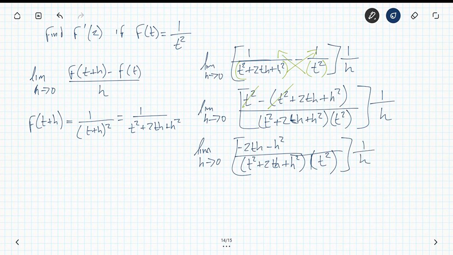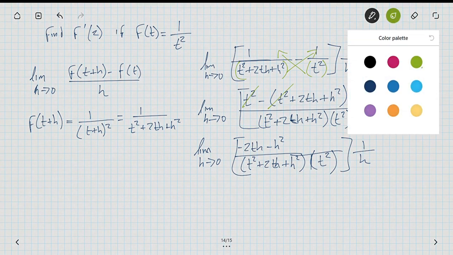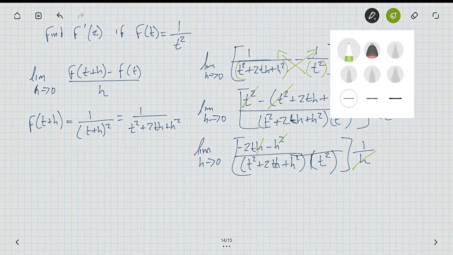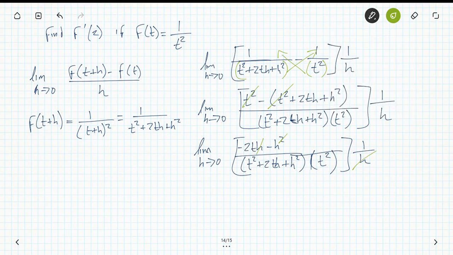Okay, now you see some h's at the top and there's one h at the bottom, so let's eliminate that h right here. We eliminate this squared and we eliminate this one. And now we plug in our value of h at 0 because we're taking the limit as h approaches 0.